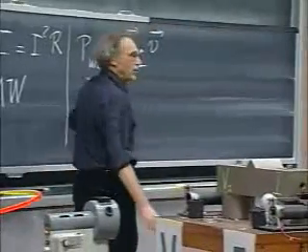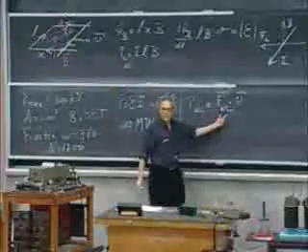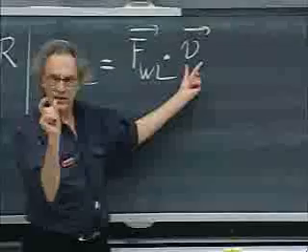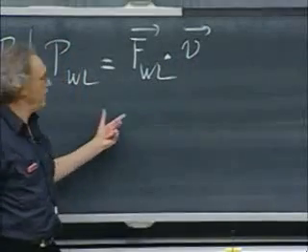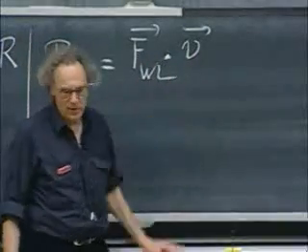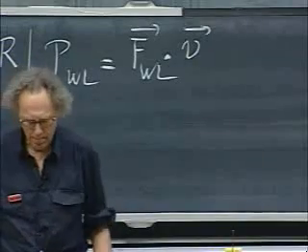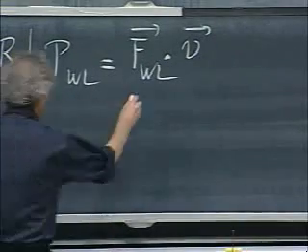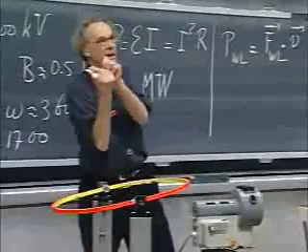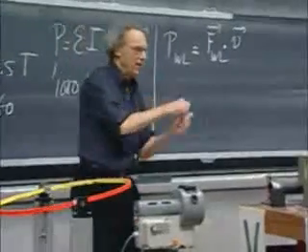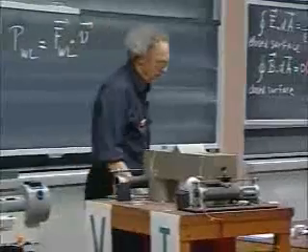The work that I do is force over a little element dx. But power is work per unit time, so the dx/dt becomes velocity. And my force and my velocity are always in the same direction. When I push, they're in this direction, and when I pull, they're in this direction. So I always do positive work.